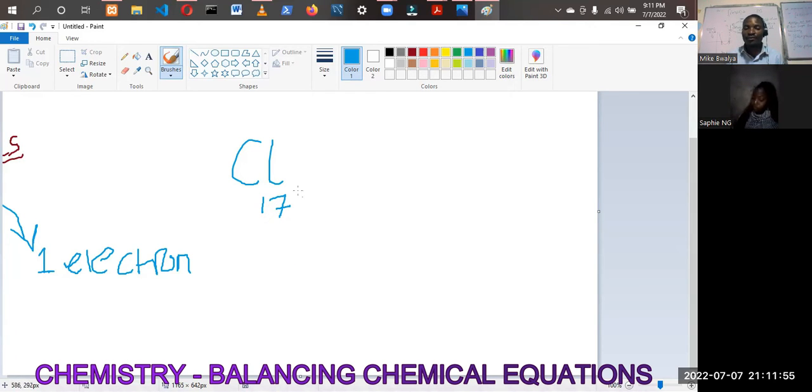You have to configure this 17 so that you know how many electrons make up the 17 as a whole, and then you can figure out how many of the electrons will participate in a chemical reaction. So with chlorine, we've got 17, so it's 2, 8, 8, and then 7.